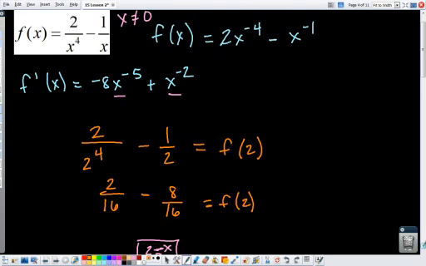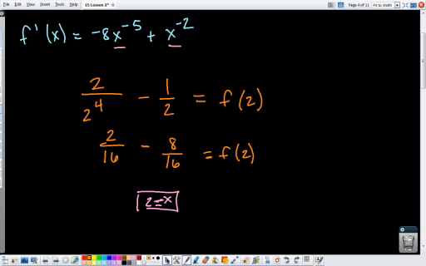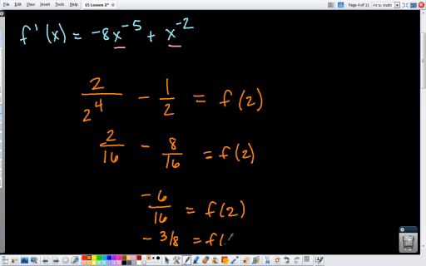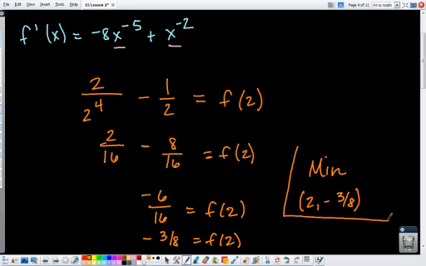So 2 minus 8 is negative 6 over 16 equals f of 2, which equals negative 3 over 8. So our minimum is (2, negative 3/8). Okay, so that is how you use the second derivative test to find out whether something is a minimum or a maximum.